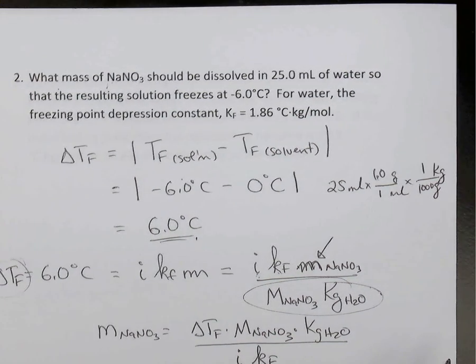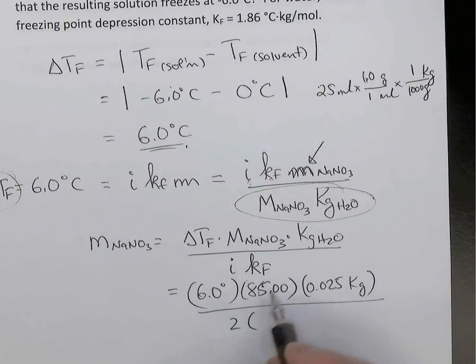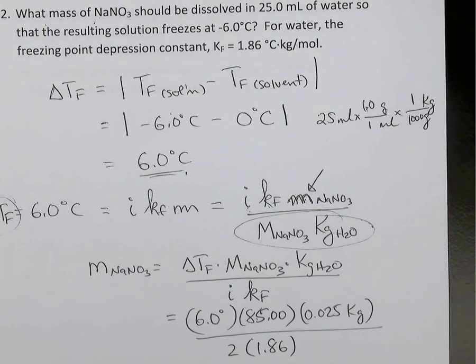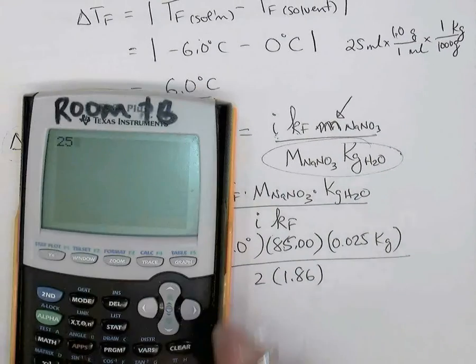Therefore I for this salt is going to be 2. So 2, and the KF value 1.86, which is the KF value for water that we were given in the question. So now we'll just grab our calculator and evaluate this.